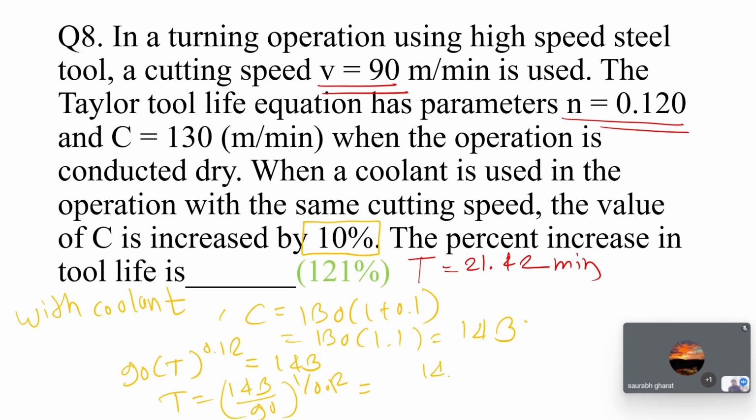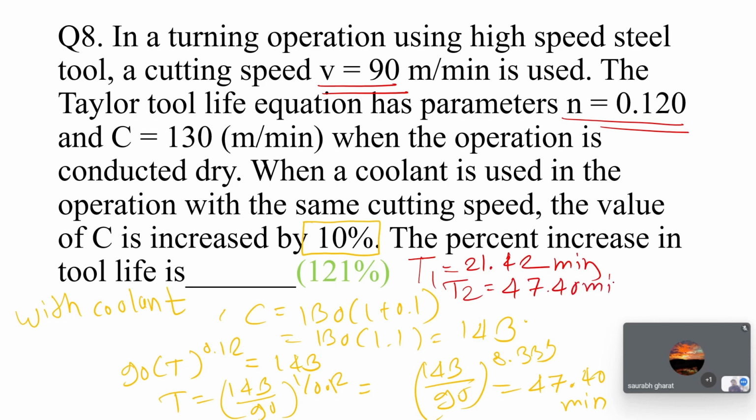If you do simply 143 divided by 90, it is again like what we have, 8.333, and your answer will be 47.40 minutes. So we write down the second one also here. Your T1 in case of T2 is your 47.40 minutes. So we have everything right now.